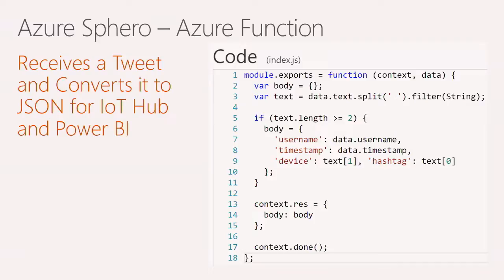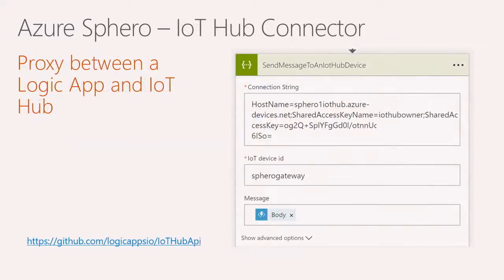So there's a cold start time with the function when you initially call it, but once you call it, it's very fast. And so basically, Logic Apps doesn't have a really good way to embed code inside of the Logic app yet. So I'm calling this Azure function to convert it to that JSON I need.